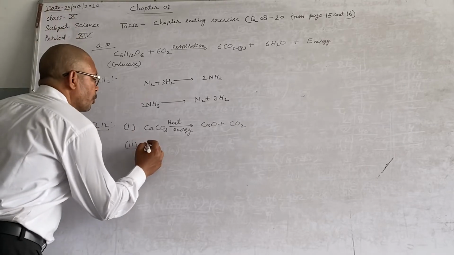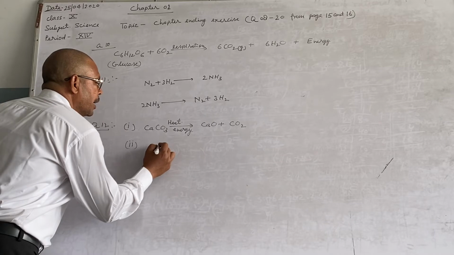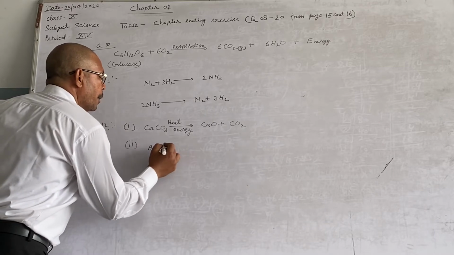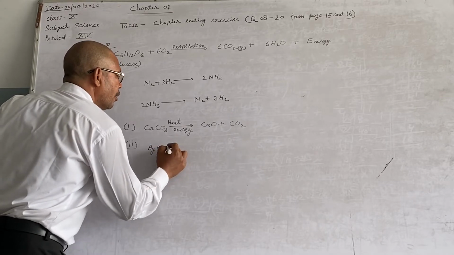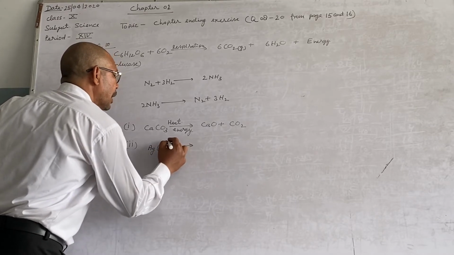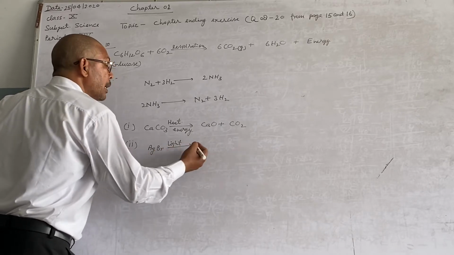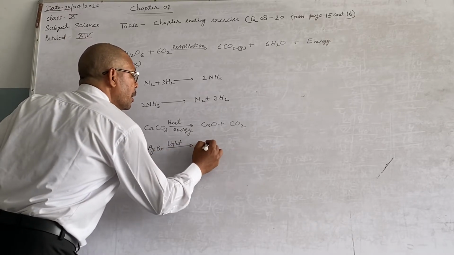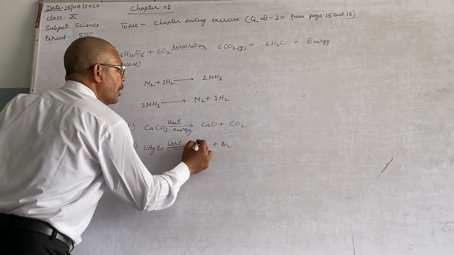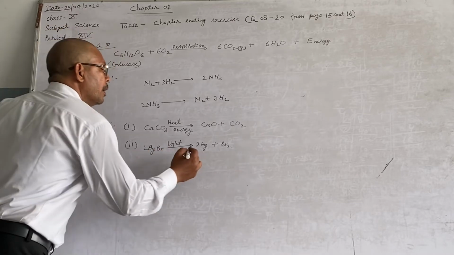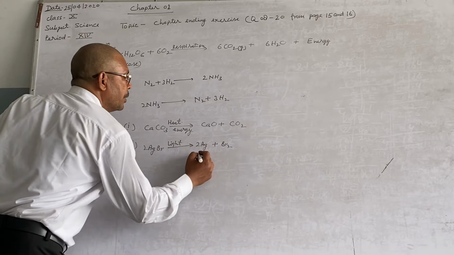Second thing, photodecomposition reaction, that is silver bromide, AgBr. In presence of light, when it is kept in light, it gives Ag plus Br2. That is, here we get a grey color. That is, the reaction mixture or this substance becomes grey.